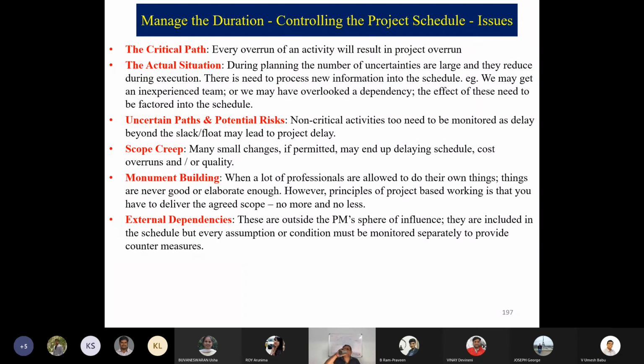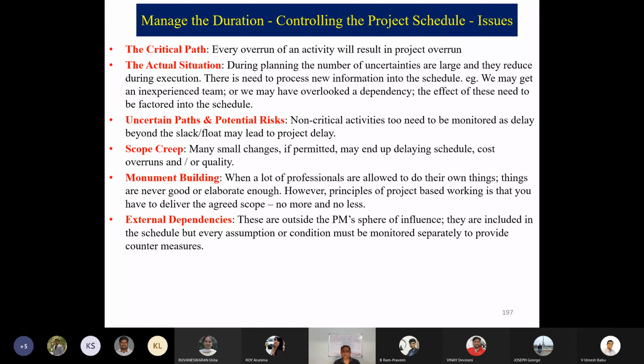Scope creep. Many small changes, if permitted, may end up delaying schedule, causing cost overruns and or quality problems. Monument building. When a lot of professionals are allowed to do their own things, things are never good or elaborate enough. However, the principle of project-based working is that you have to deliver the agreed scope, no more and no less.